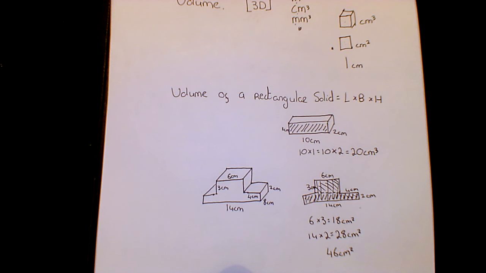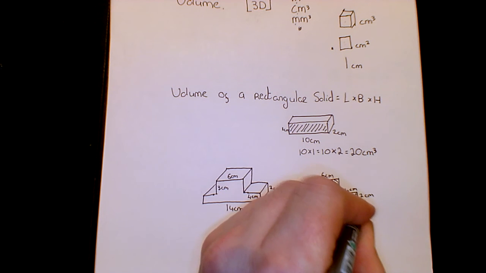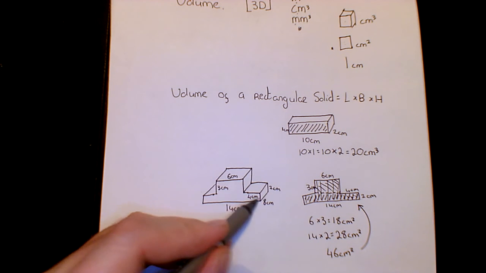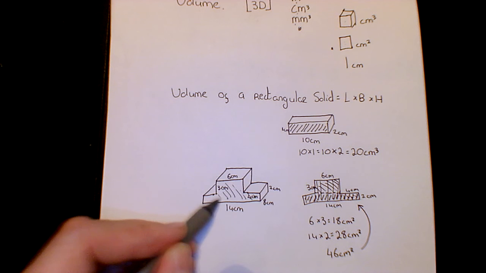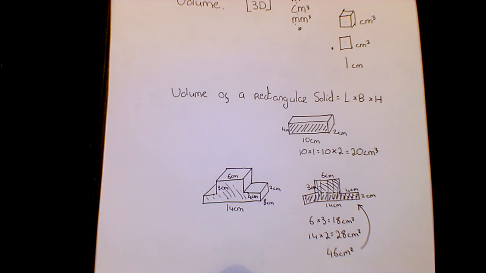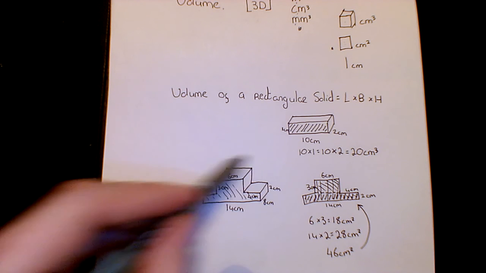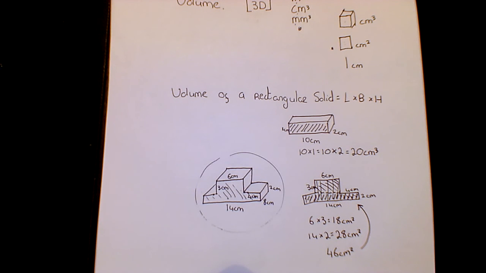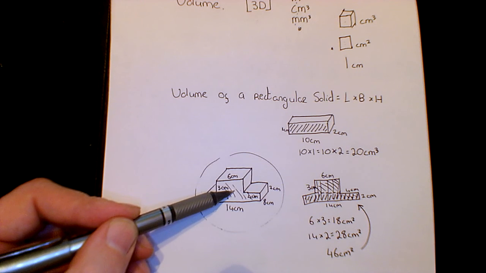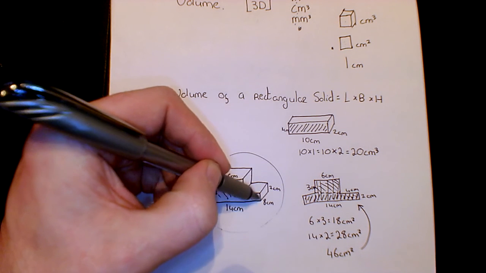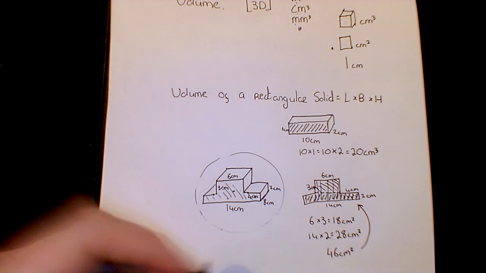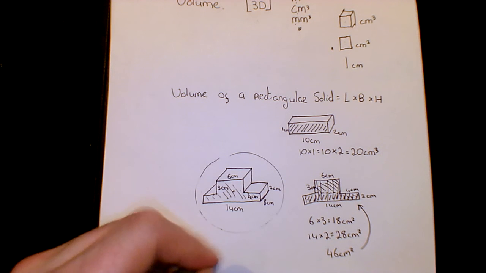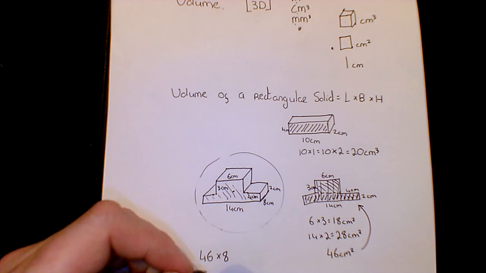That is just the area of the face, but I want to find the volume of the whole thing. So once I have the area of the face, all I do is multiply by the depth. So it's 46 multiplied by 8.